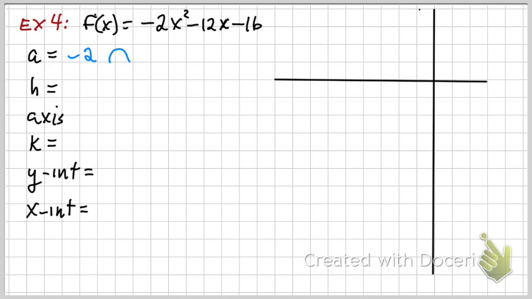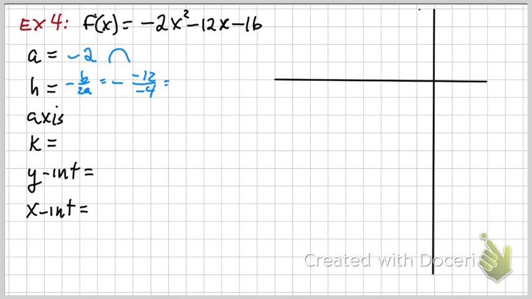What's H? I'll use my little formula, minus b over 2a. Well, b here is negative 12. Keep all your signs straight. A is negative 2 times 2 is negative 4.